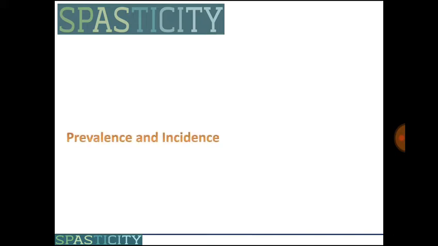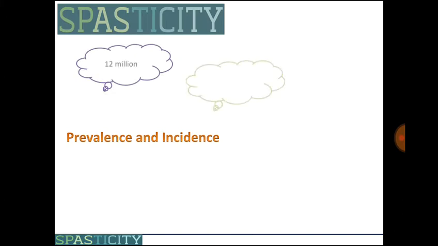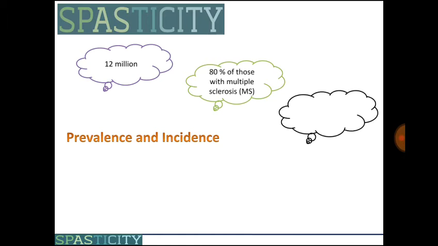Spasticity, by its prevalence and incidence in the world, approximately 12 million people are suffering from spasticity. 80% of people with multiple sclerosis may have various degrees of spasticity.